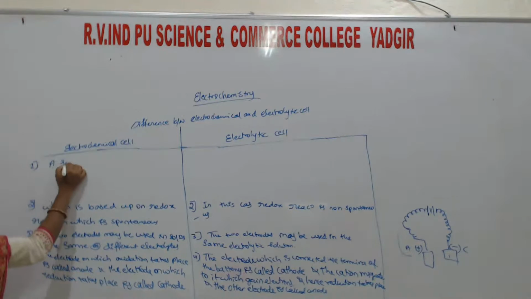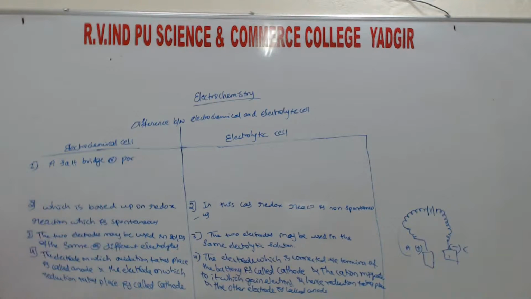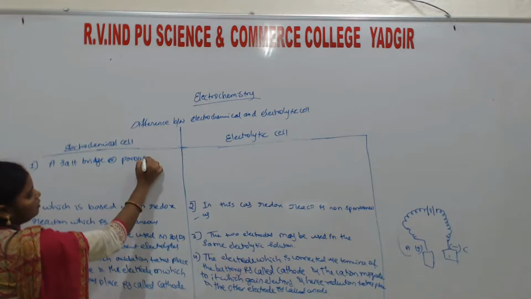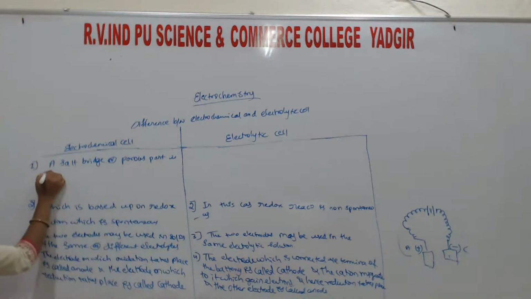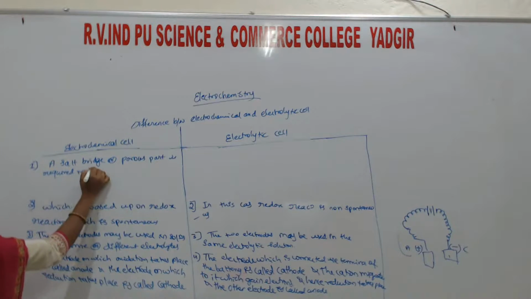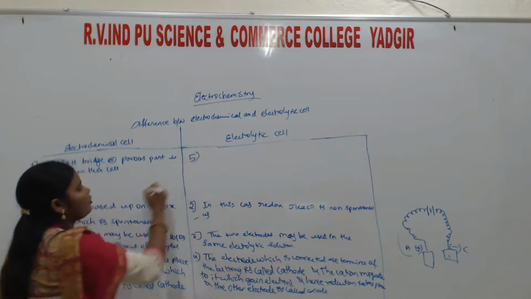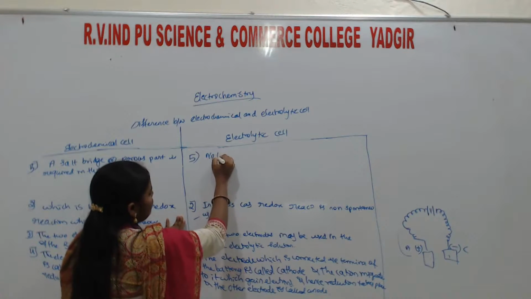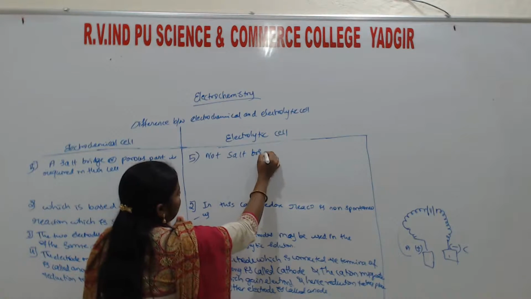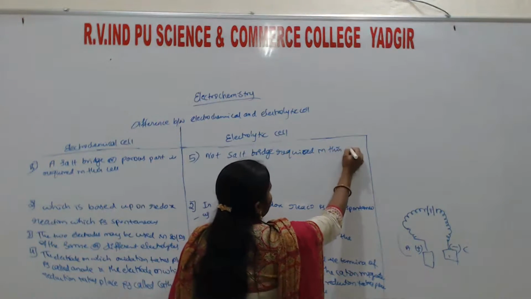Sorry, for the fifth point, a salt bridge is not required in this cell.